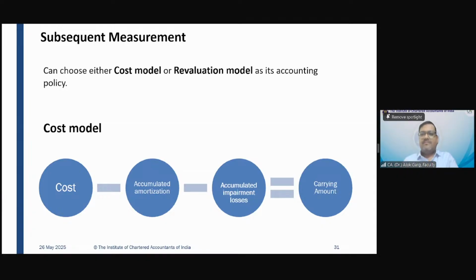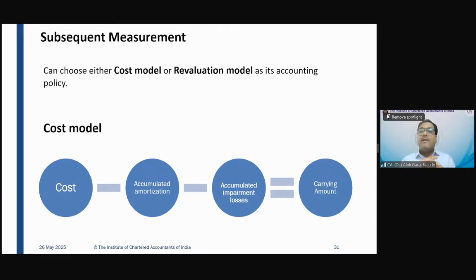Standard says that when you are opting for a revaluation model or a cost model, apply it consistently for all the assets within the same class. If you are opting for a revaluation model, you need to identify the fair value for all the assets in that particular class.